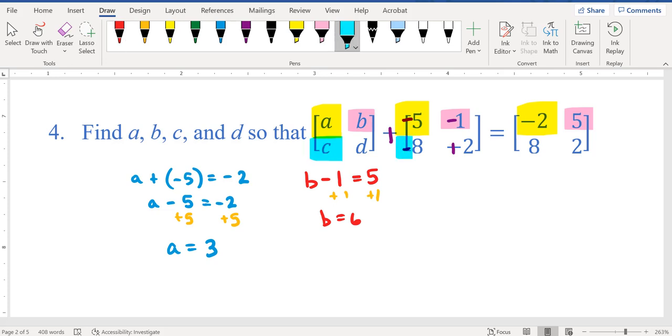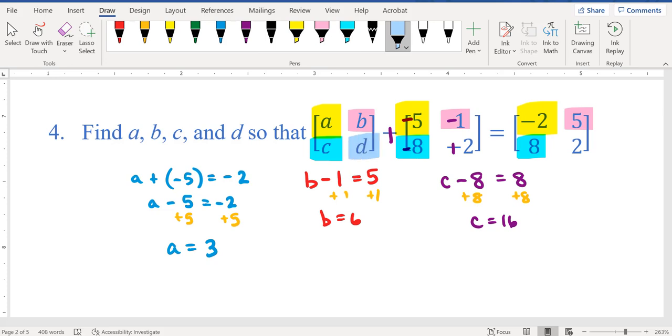C plus -8 equals 8. That says C minus 8 equals 8. Adding 8 to both sides gives me C equals 16.